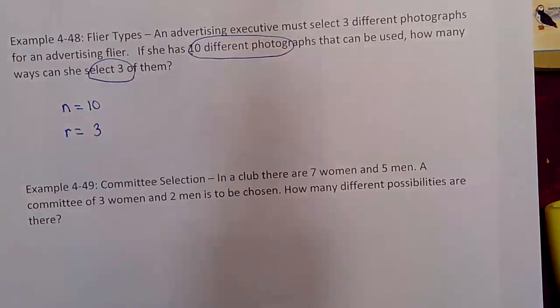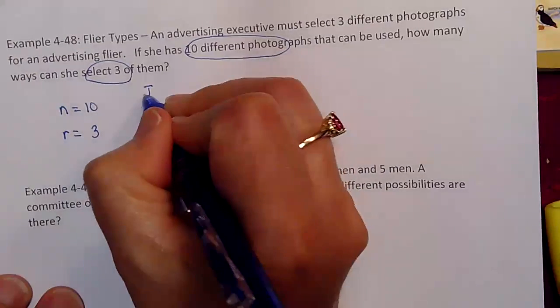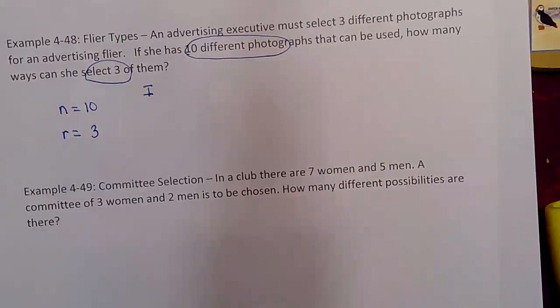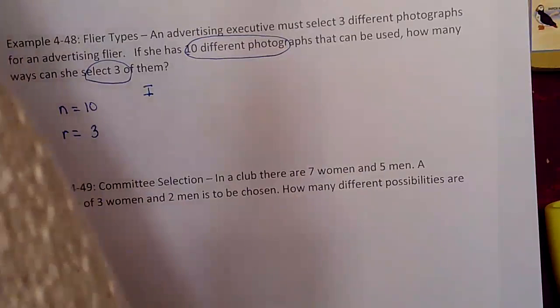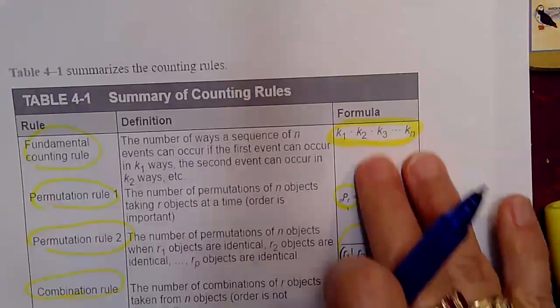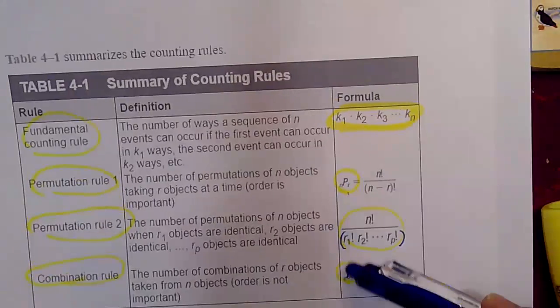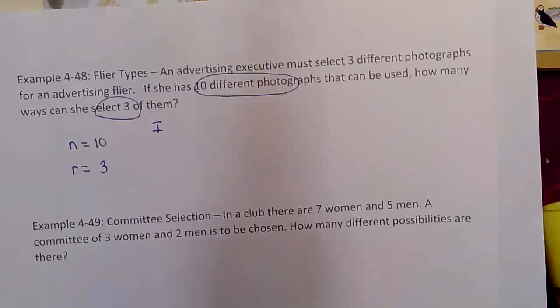And remember, I always ask you, that helps you narrow it down to which of these 2, because you have all these formulas here, and these 2 I'll prompt you with, is order important?